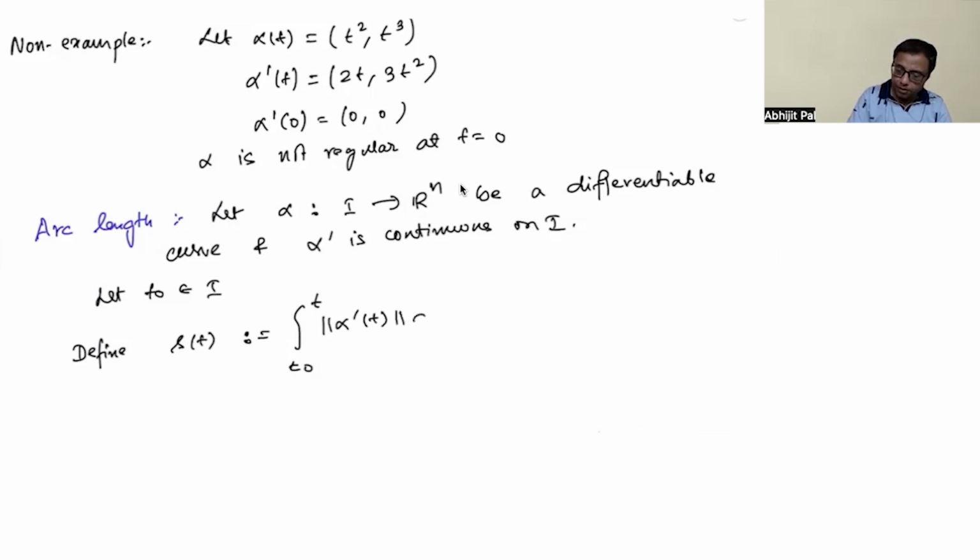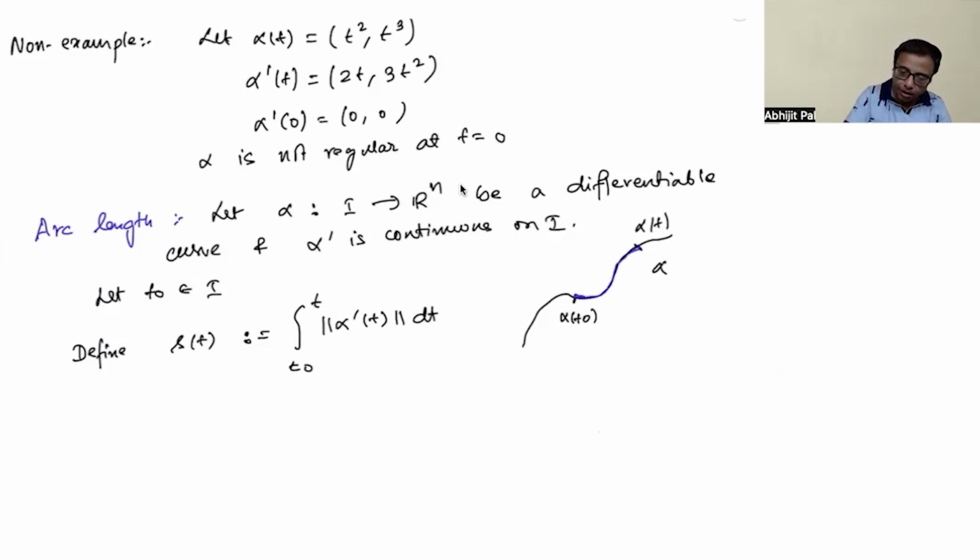So what is this s giving? Suppose we have this curve alpha, and suppose this is my point alpha t naught, and I take alpha t here. This s of t is basically the length of the curve between t naught and t.